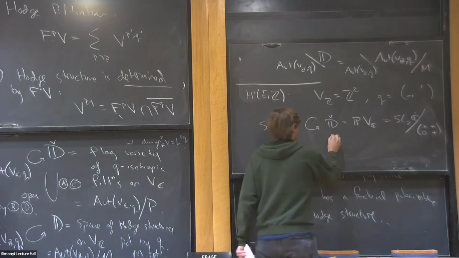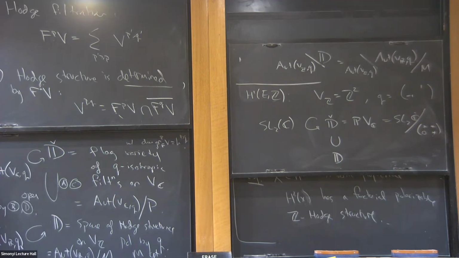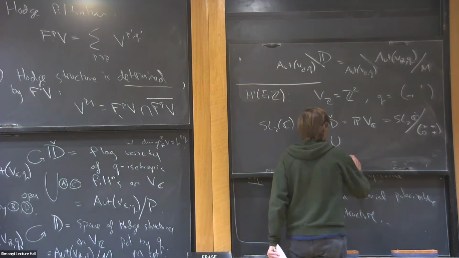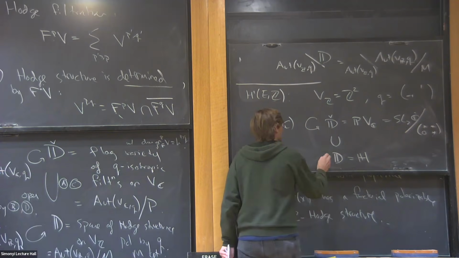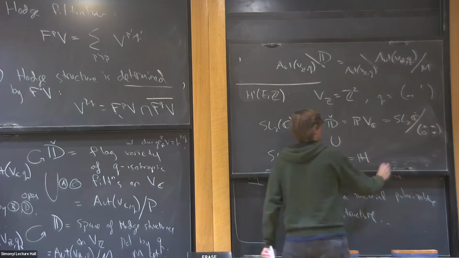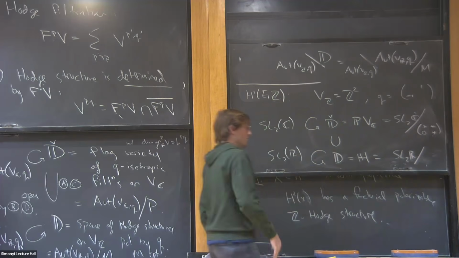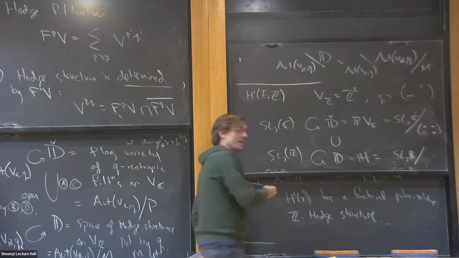And inside of there, we can look at the filtrations which give you Hodge structures which are polarized by Q. We know what that is. That's the upper half plane. It has a transitive action by SL2R. And it is identified with SL2R modulo the stabilizer of a point, which is compact.